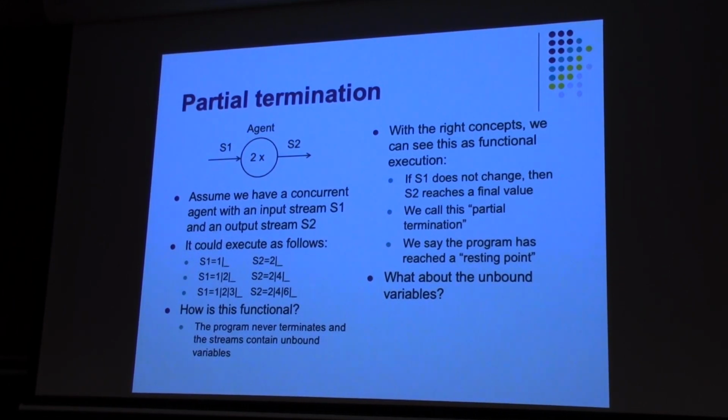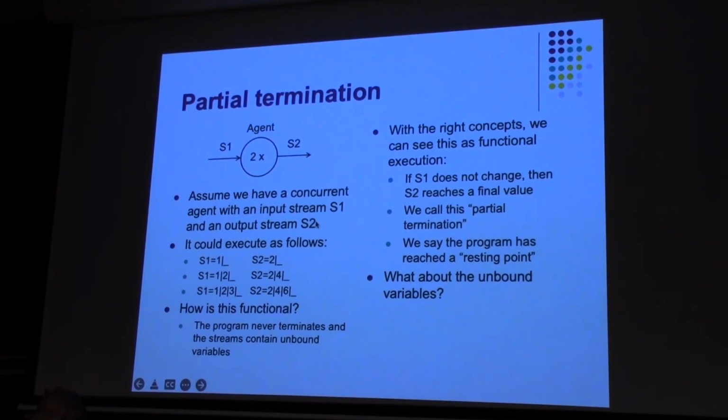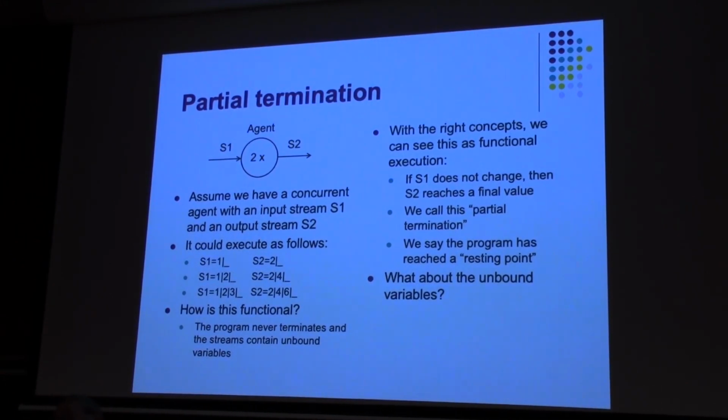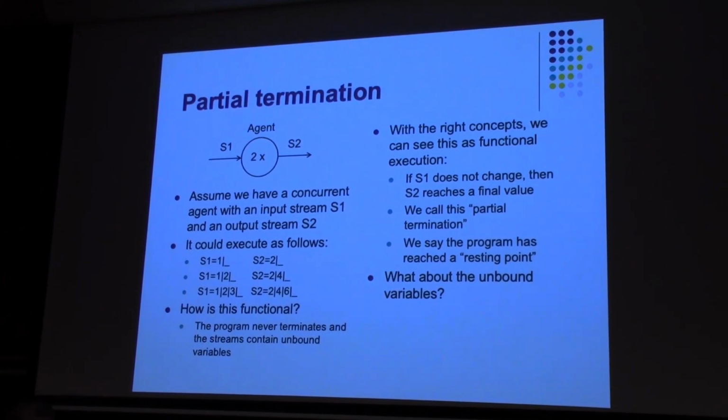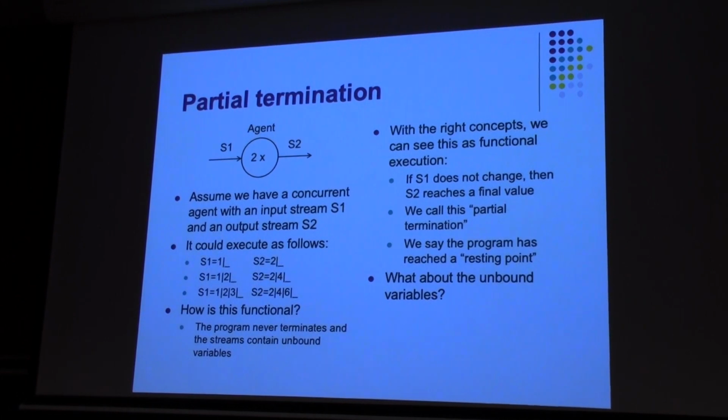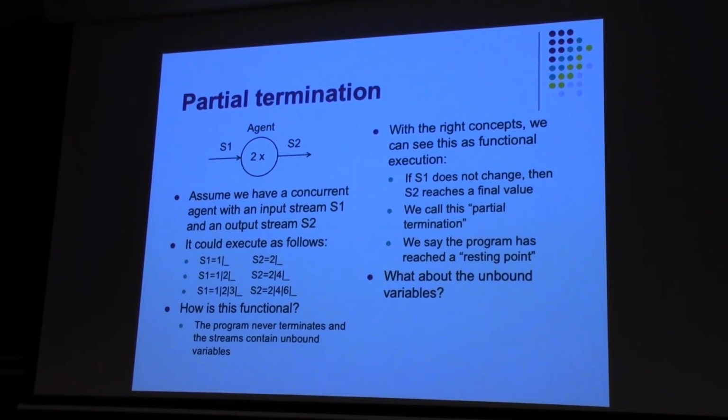But actually, if we look at it in the right way, we can say there is kind of termination. Okay? So assume that we give some S1, and we don't change it. It's 1, 2, and we stay with 1, 2. And we let the program run with a fixed S1. Then it will terminate, and S2 will reach a final value, which is 2, 4. This is partial termination, because it's not completely terminated, but it's temporarily terminated. So 1, 2 has given 2, 4.